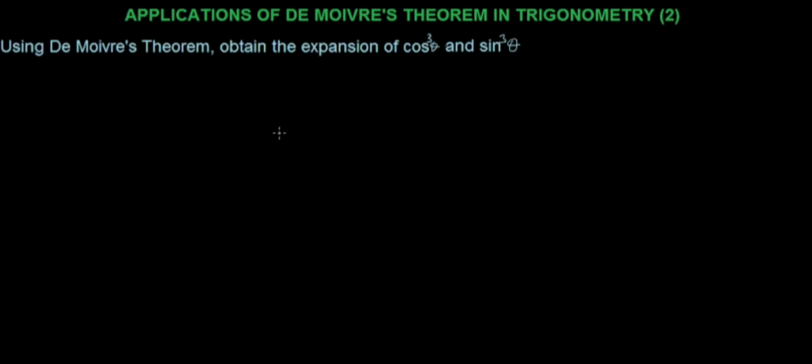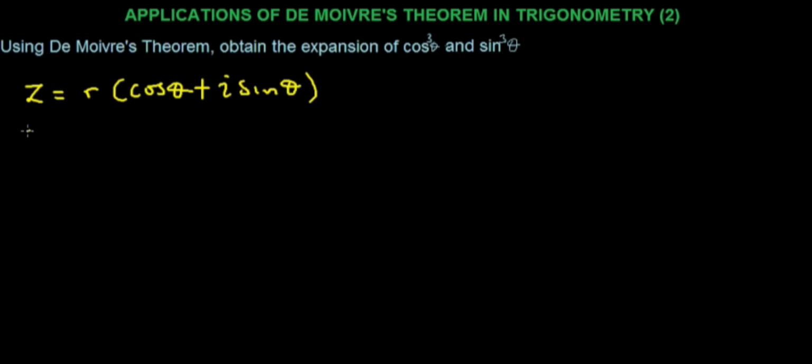Now you know the basis of our expansion is all directed to De Moivre's theorem, and De Moivre's theorem is Z is equal to R cos theta plus i sine theta, right?